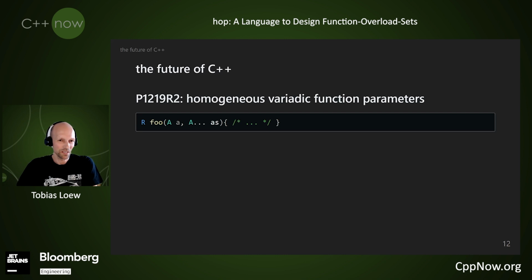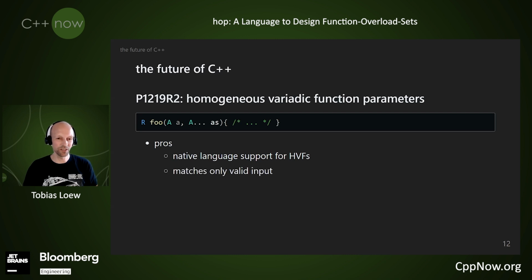But here we do it explicitly for the parameters. And the pros would have been a native language support for homogeneous variadic functions. And of course, it matches only valid input.